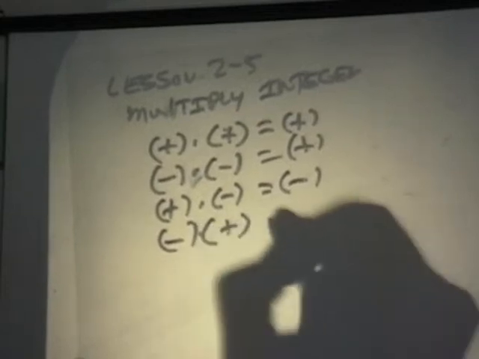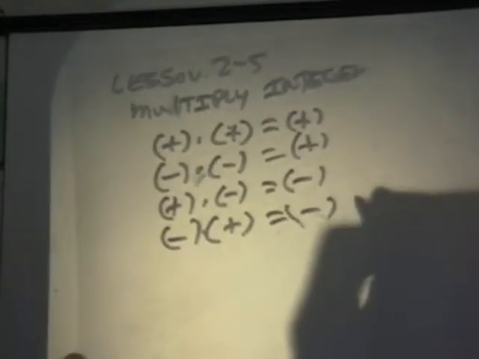Okay, what are the basic rules that you must remember to multiply integers? Well, a positive times a positive is a positive. A negative times a negative is a positive. And then a positive times a negative is negative, and a negative times a positive is also a negative.